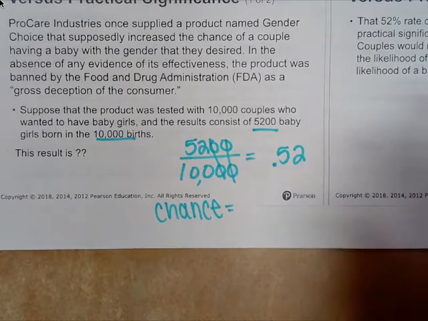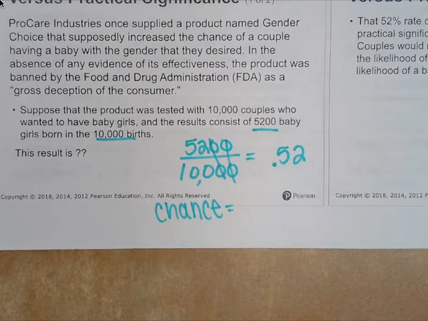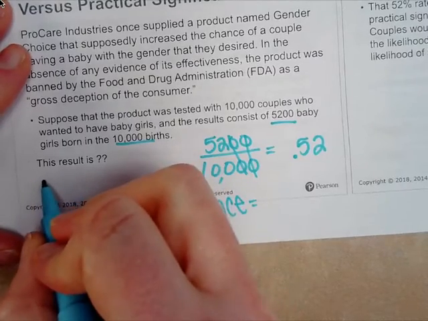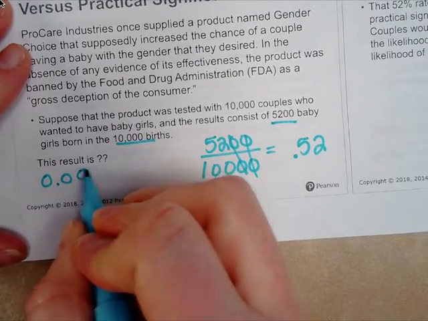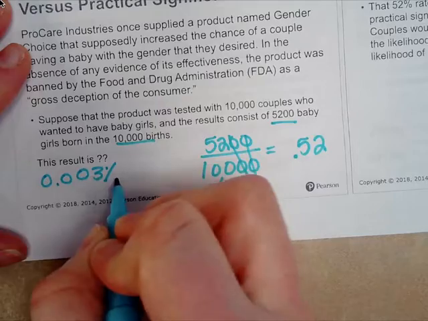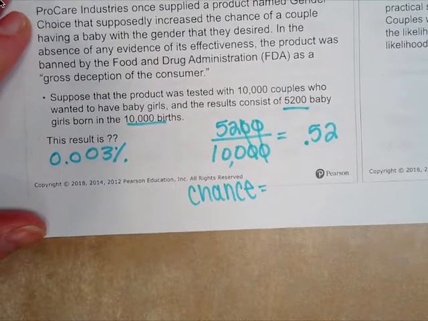So the results that we actually get, we don't know how to get there yet. So I'm just going to tell you what the percent is. The result is 0.003% that's going to occur by chance.